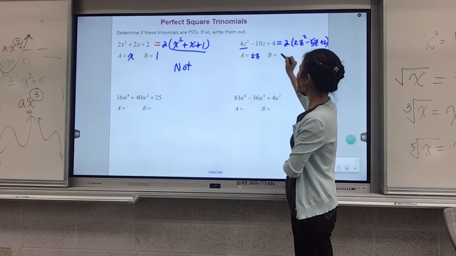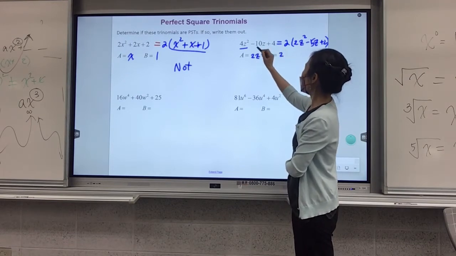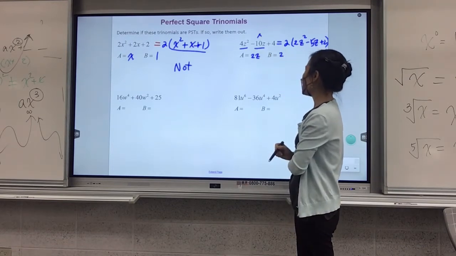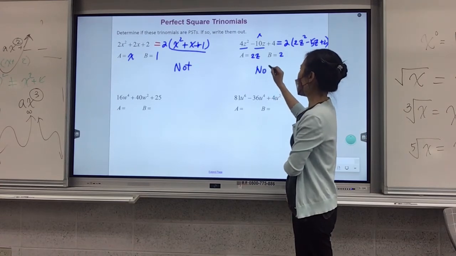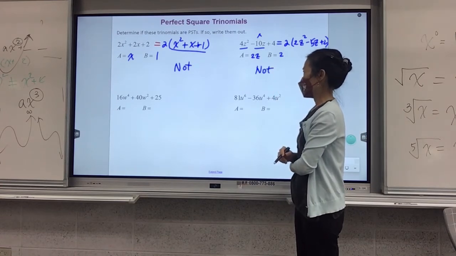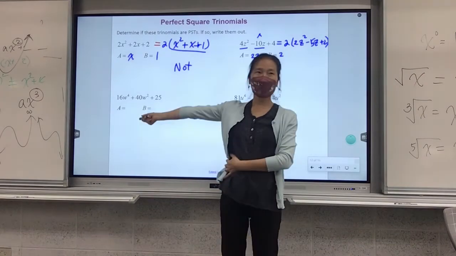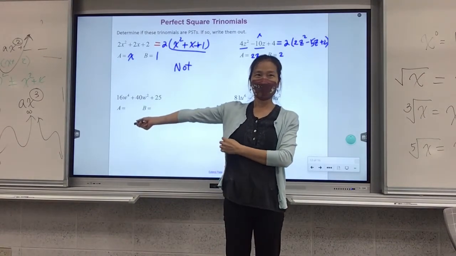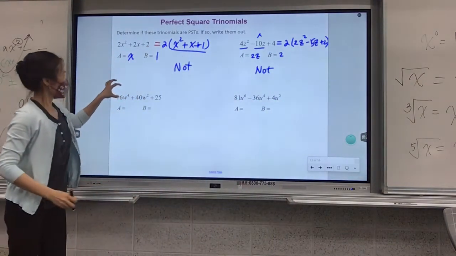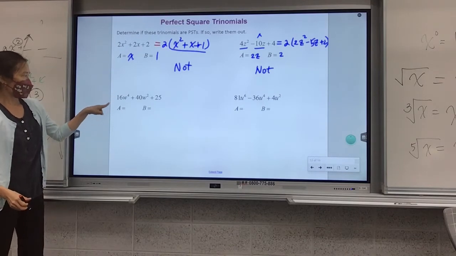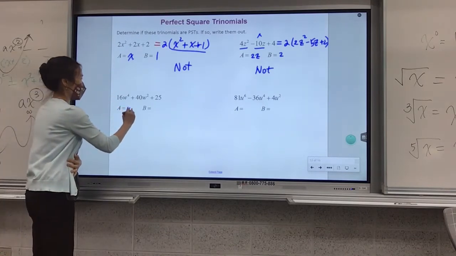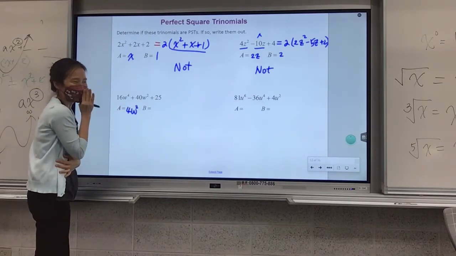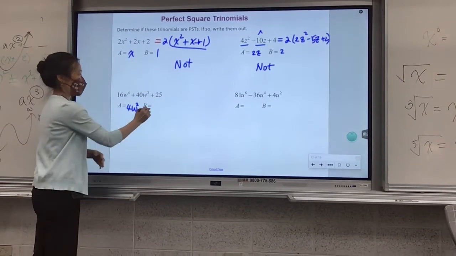2z, and then this is 2, and then this is not 2ab. Doesn't match. What is the perfect square, the base? 4w squared, and 5 squared.